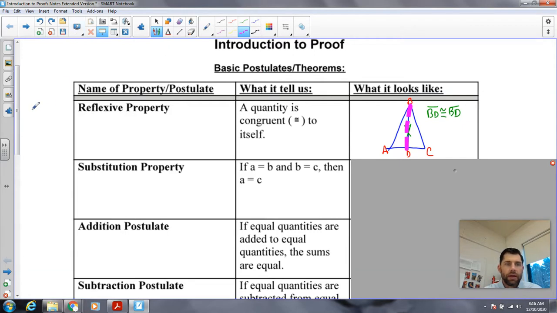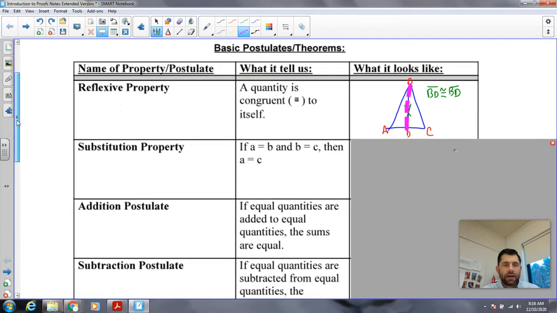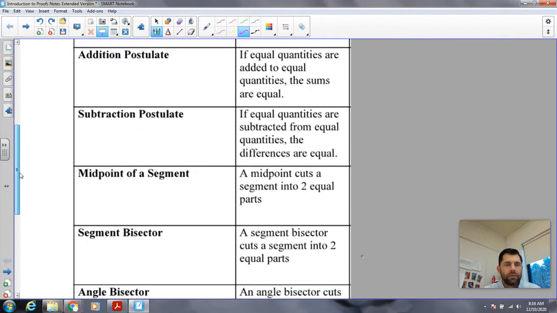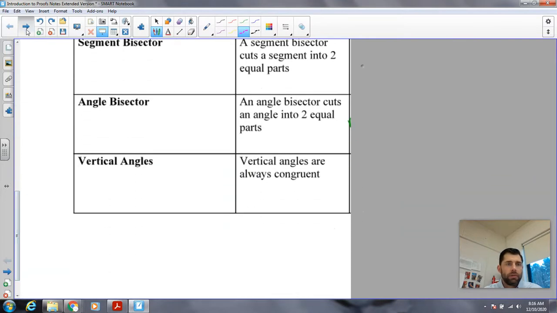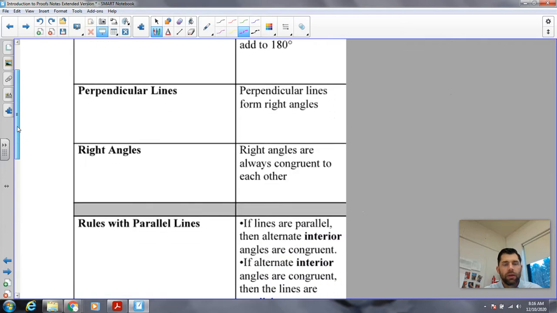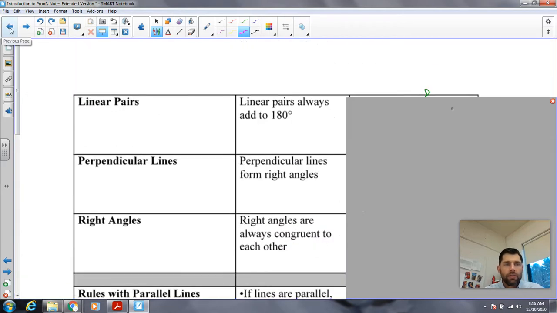So what I want you to do is go down the list here. Substitution property, the addition and subtraction postulates, those are ones that you may not remember. We haven't done them that much. But I want you to try to draw a picture of all the ones that you remember. There should be quite a few that you remember what they look like. All right, so take a few minutes, get them all done. And like I said, the more you get done now, the less you'll have to watch the video later.